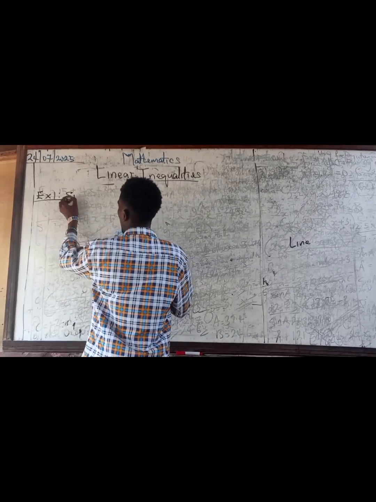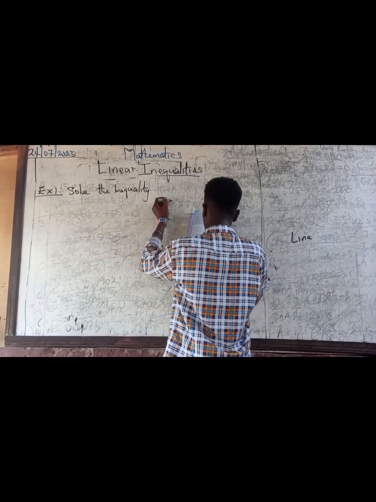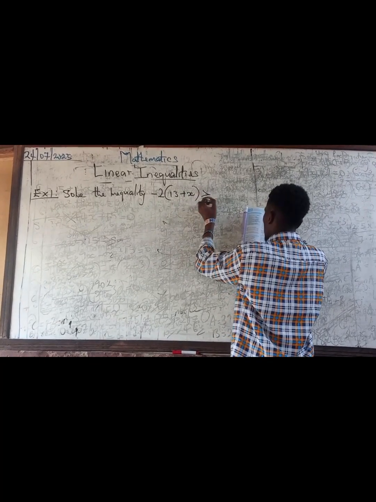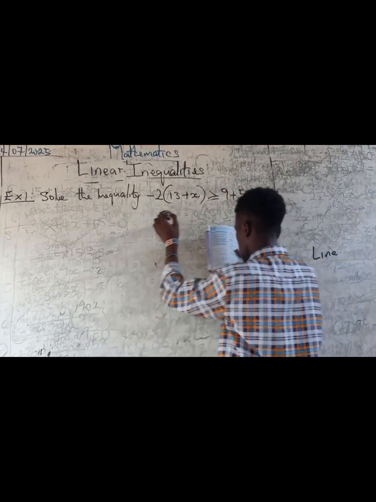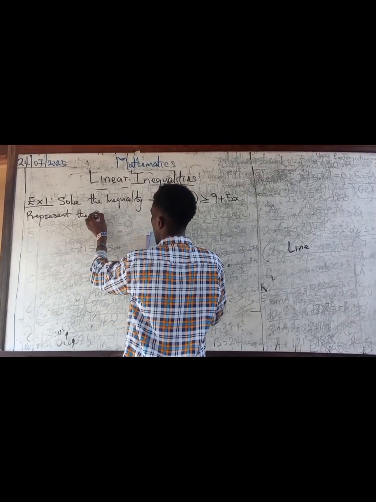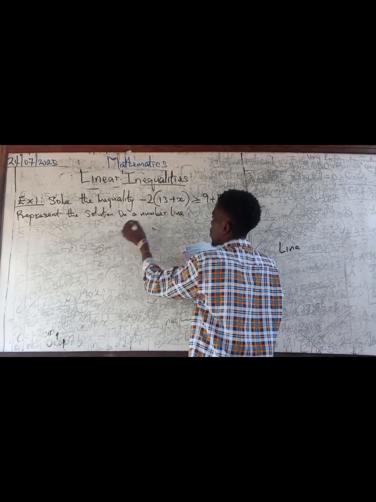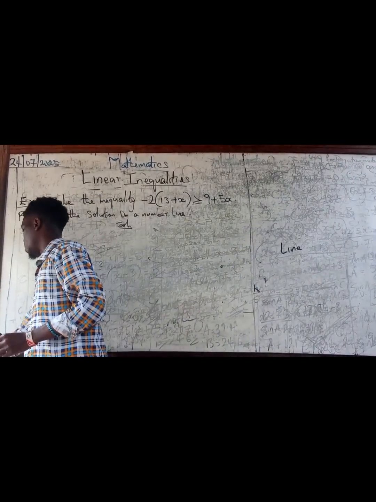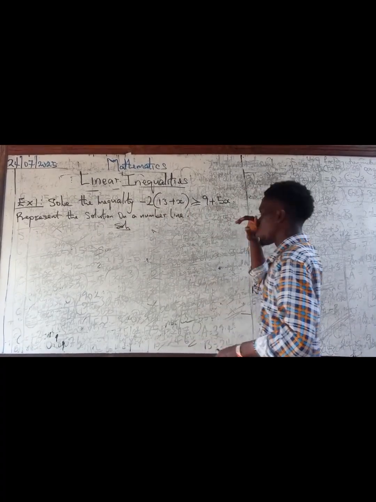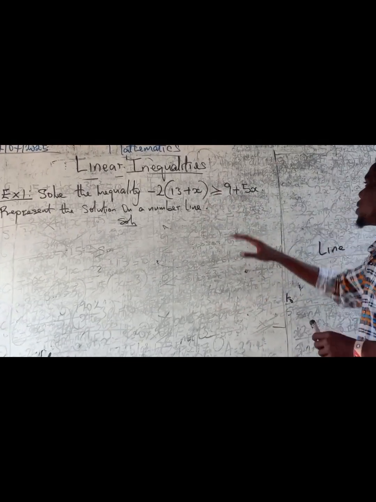So the question says, solve the inequality minus 2 into brackets 13 plus x is greater than or equal to 9 plus 5x.